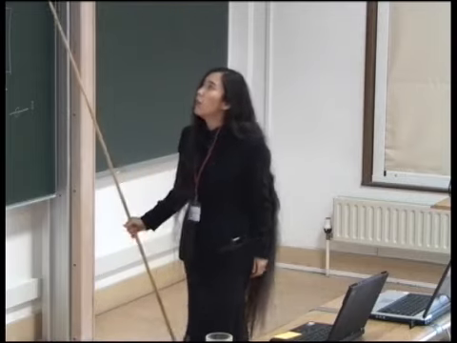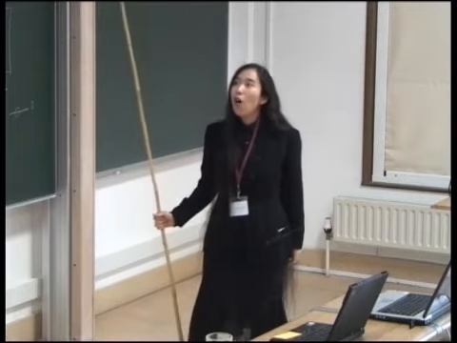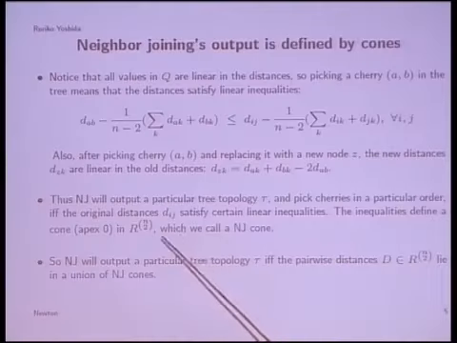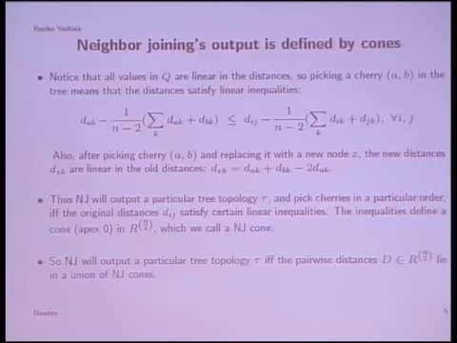These inequalities define a cone in R to the n choose 2, which we call the neighbor-joining cone.